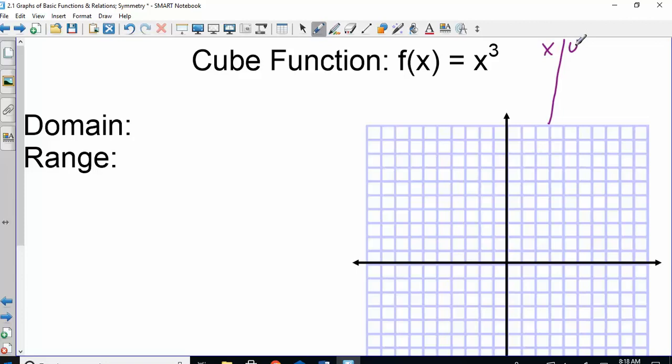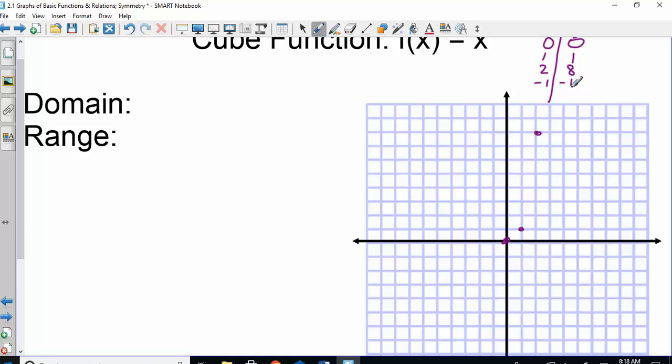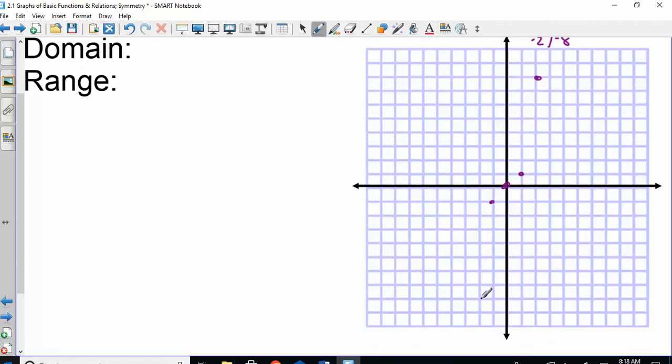You can write them out or talk through them in your head. 0 to the third. 1 to the third. 2 to the third is 8. Negative 1 to the third is negative 1. Negative 2 to the third. So we get this chair function.